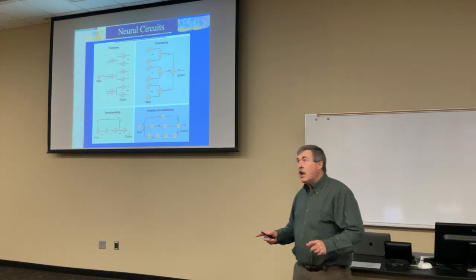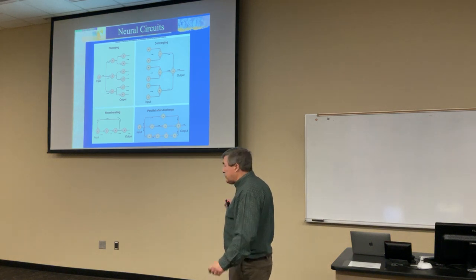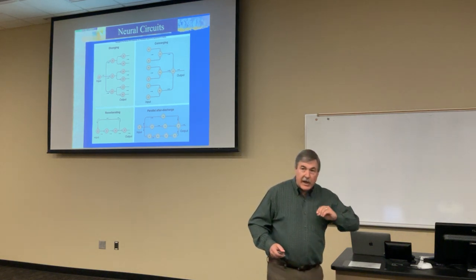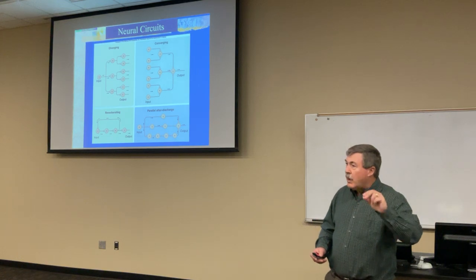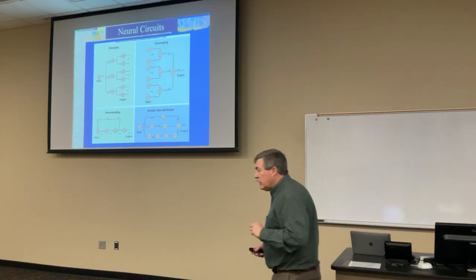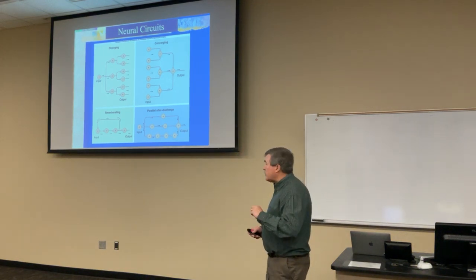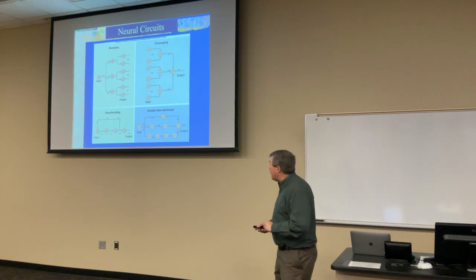So each time you have synaptic transmission at these synapses, that creates a slight delay, because it takes a while for the neurotransmitter to diffuse across the synaptic cleft. And it takes a little while for the ion channels in the dendrites to open up.